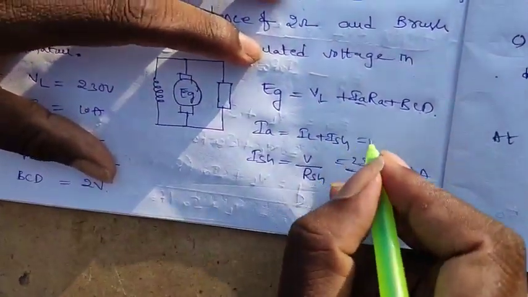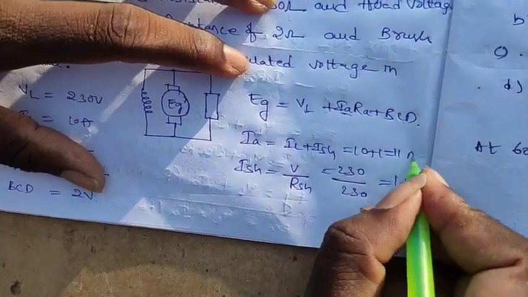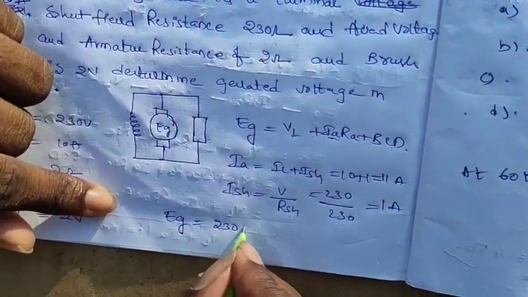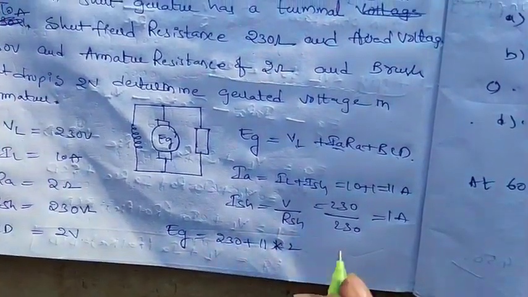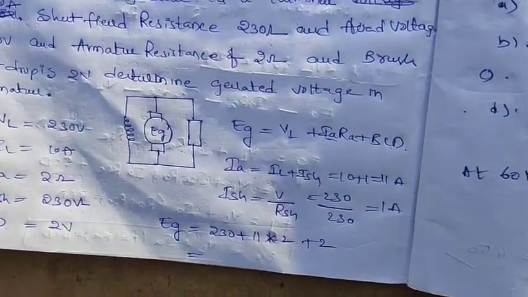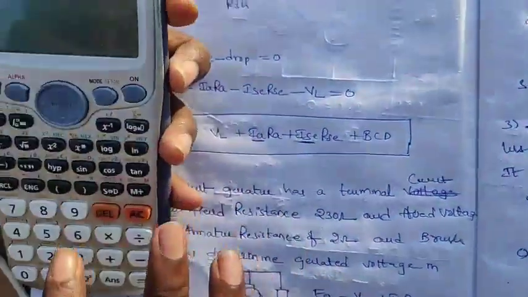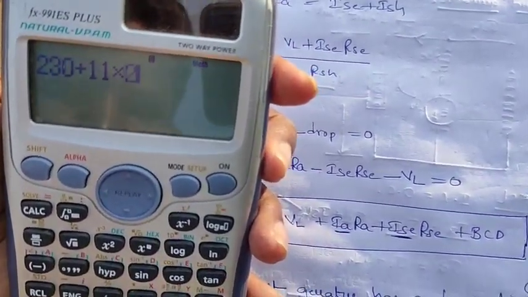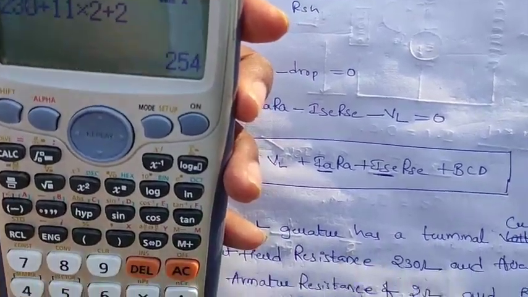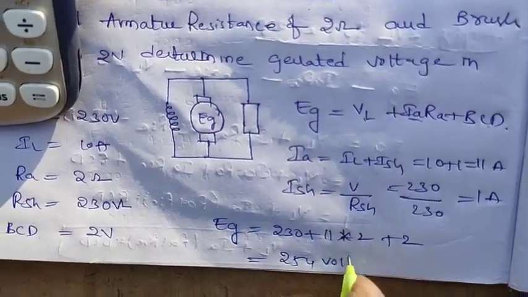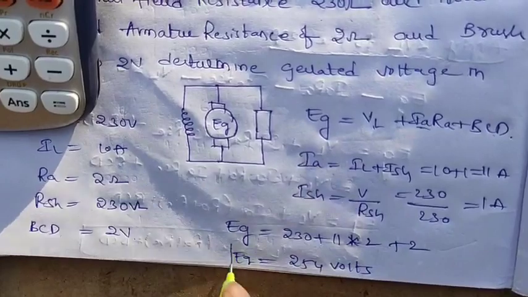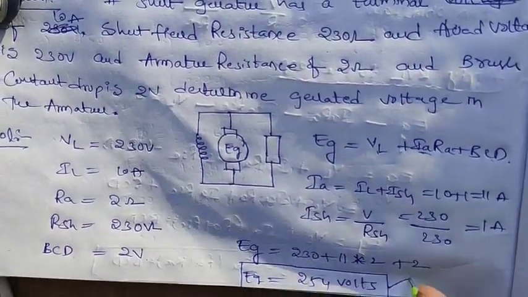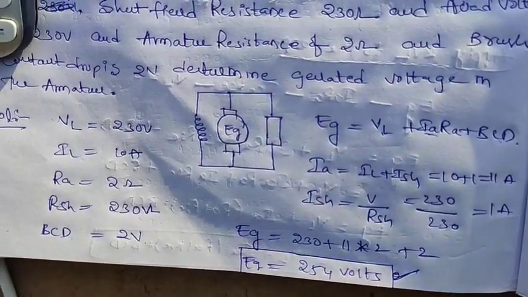So IA equals 10 plus 1, equal to 11 amperes. So EG equals 230 plus 11 into 2 plus 2, that is 254 volts. The generated EMF is 254 volts.